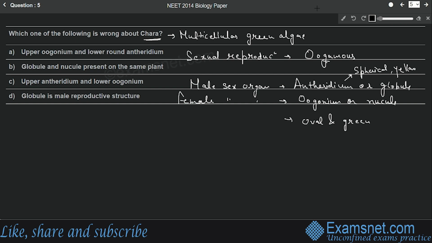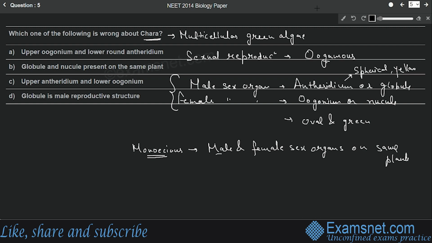Right. Now, what is important to note is that most of the species of Chara are monoecious in nature. That means the male and female sex organs are present on the same plant.